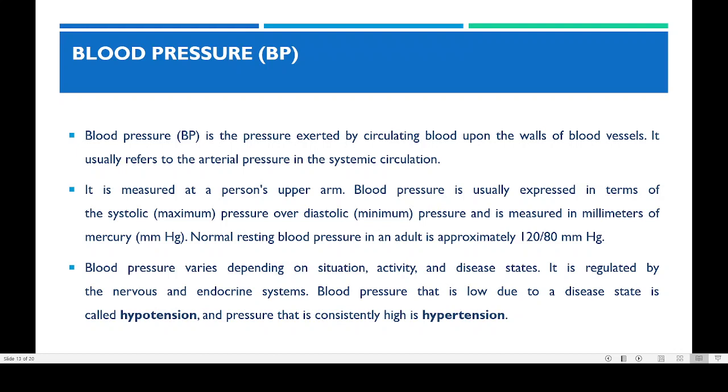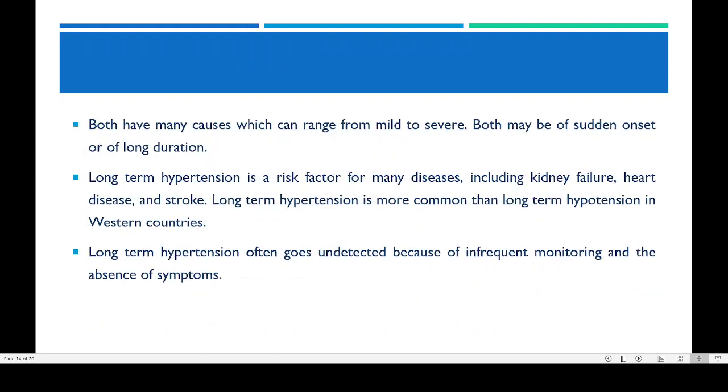So one is low pressure, the other is high pressure. In both cases there can be some difficulty, but more difficulties are commonly present when pressure is increasing. Long-term hypertension is a risk factor for many diseases, including kidney failure.